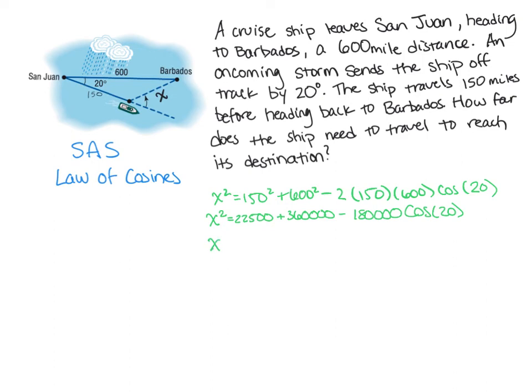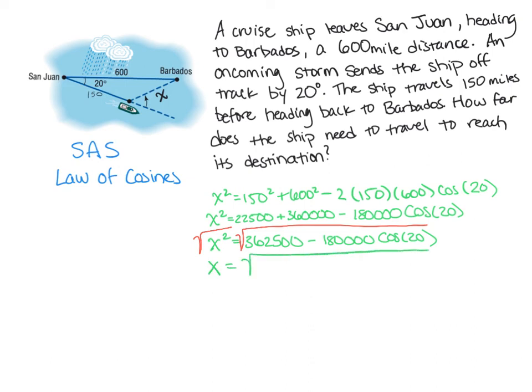I'm going to add the first two numbers together, so we'll get 362,500 minus 180,000 times cosine of 20. Again, remember, please do not subtract these numbers. This multiplication is more important. So instead, we are going to square root both sides. So we get that x is equal to the square root of all of this shenanigans.